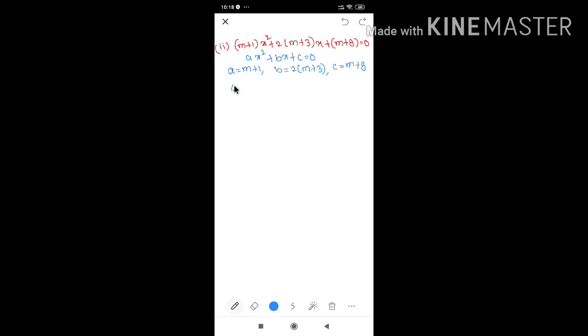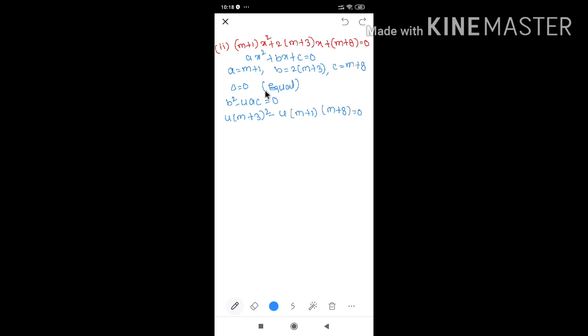So delta is equal to 0 because equal roots. b square minus 4ac is equal to 0. b square, 4 times of m plus 3 whole square minus 4 into a value m plus 1, c value m plus 8 is equal to 0.